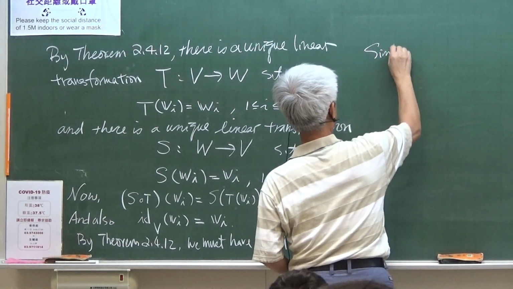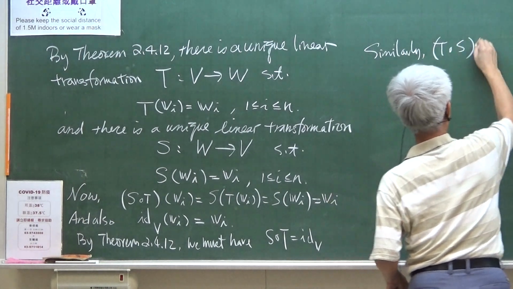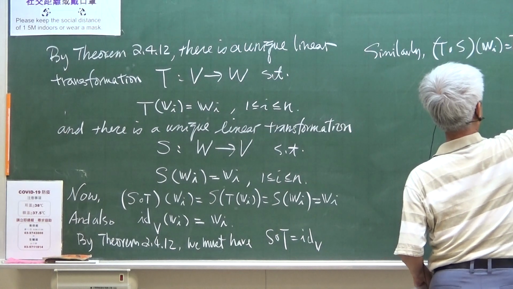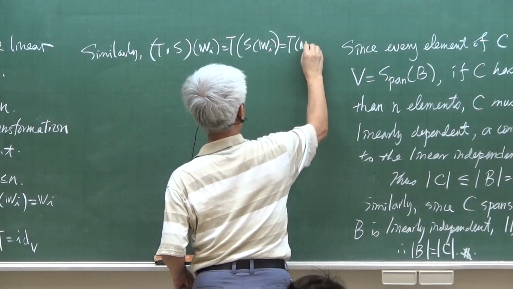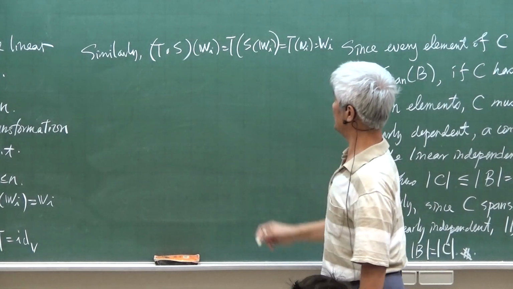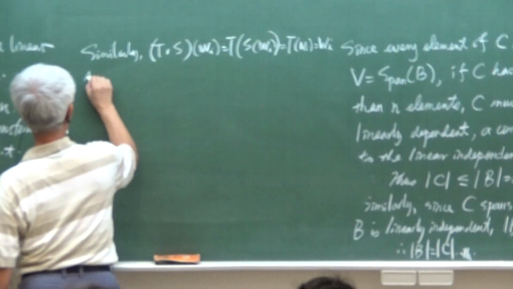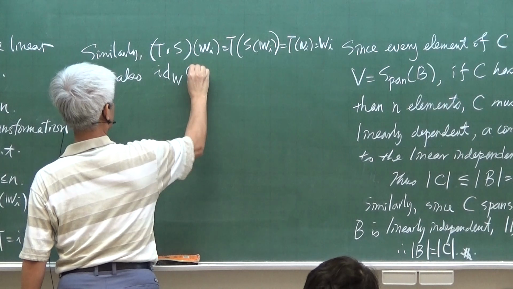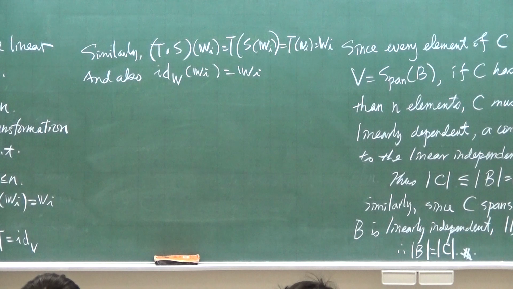Similarly, T composed with S sends Wi to Wi, and also the identity of W sends Wi to Wi. So they have the same specification.